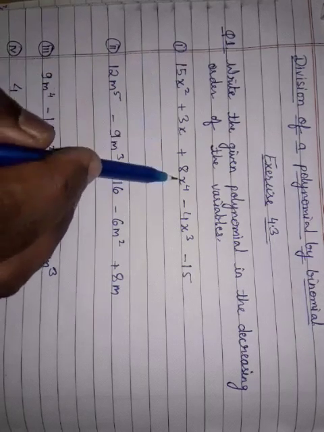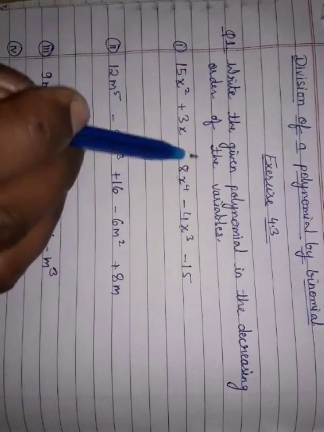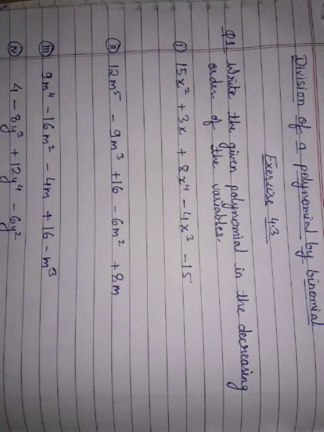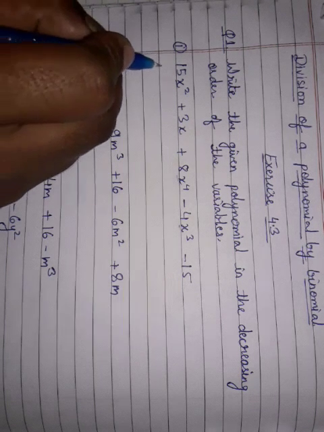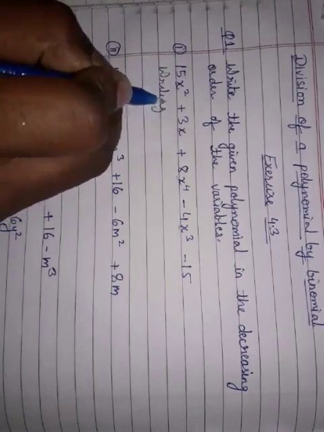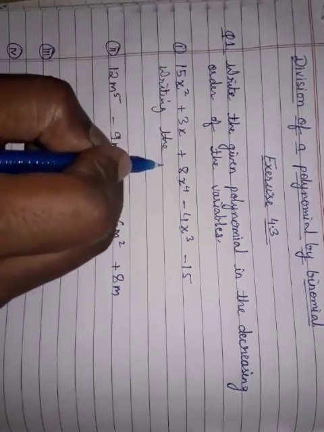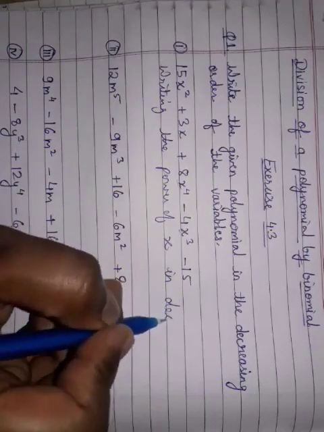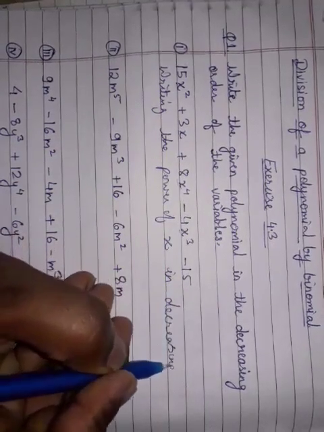X is the variable, and order of variable means we have to see the power. Write the power of x in decreasing order.